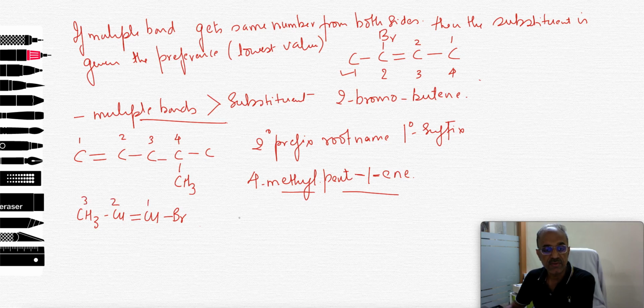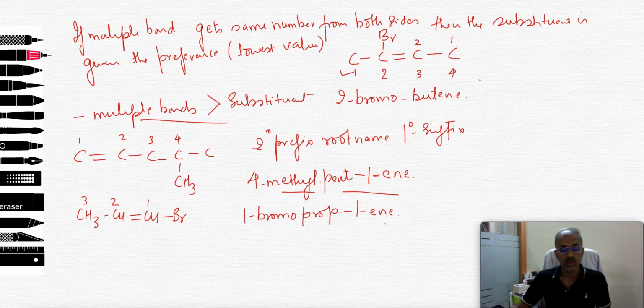Then it will be 1 bromo prop 1 ene. 1 bromo because bromine is present, so the secondary prefix for bromine Br is bromo. Fine. Now if I take some other example, the same example, now the Br happens to be here.